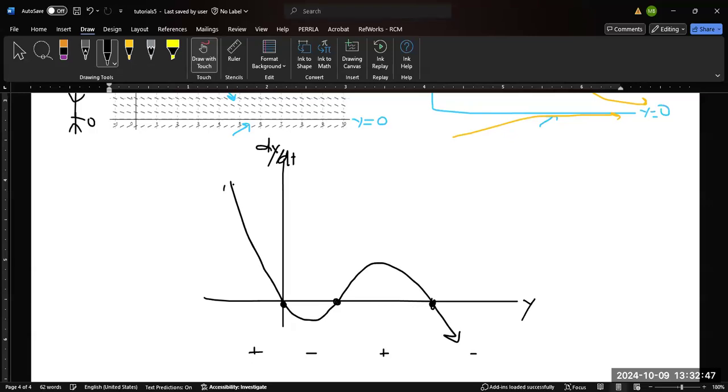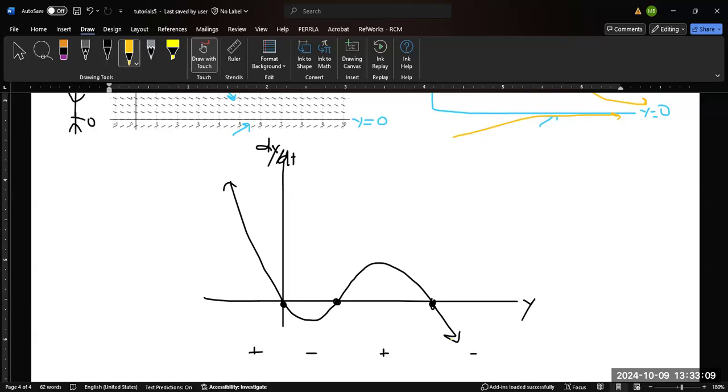One thing you can do is use technology. You can plot your polynomial function, let's say in x, on your calculator. You'll get this curve, and then you can use it in reverse to identify what the signs of the slopes are.